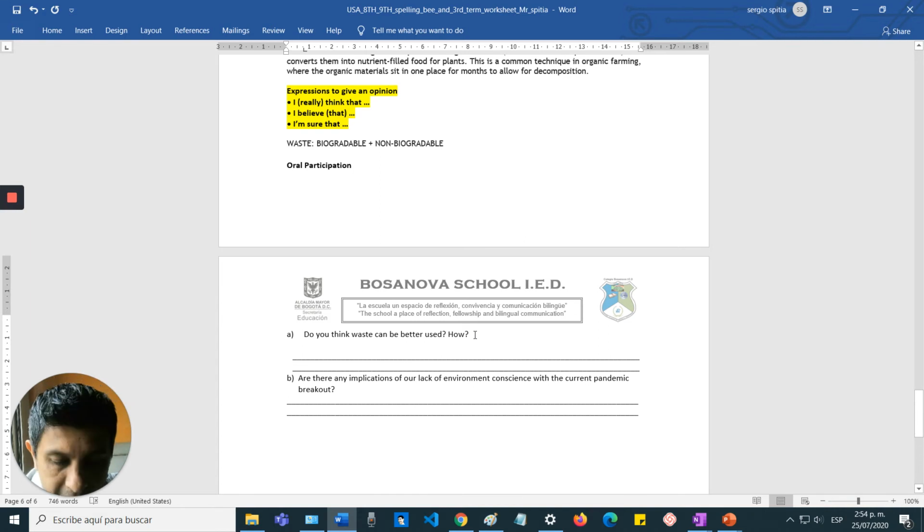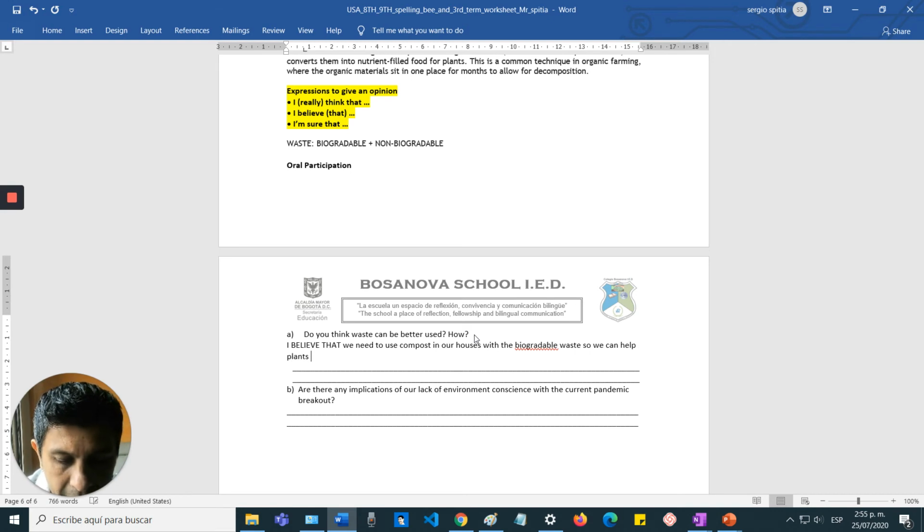Okay, in my opinion, I believe that we need to use compost in our houses with the biodegradable waste so we can help plants in our houses in their growth.